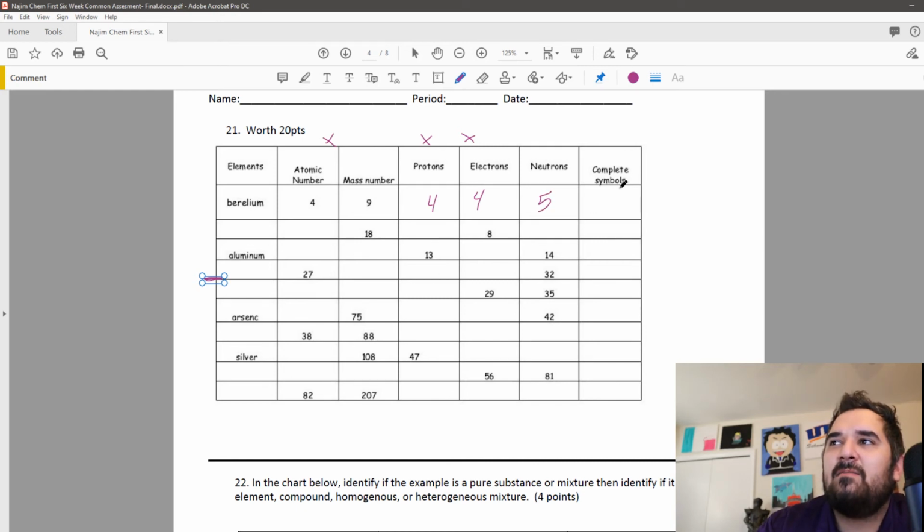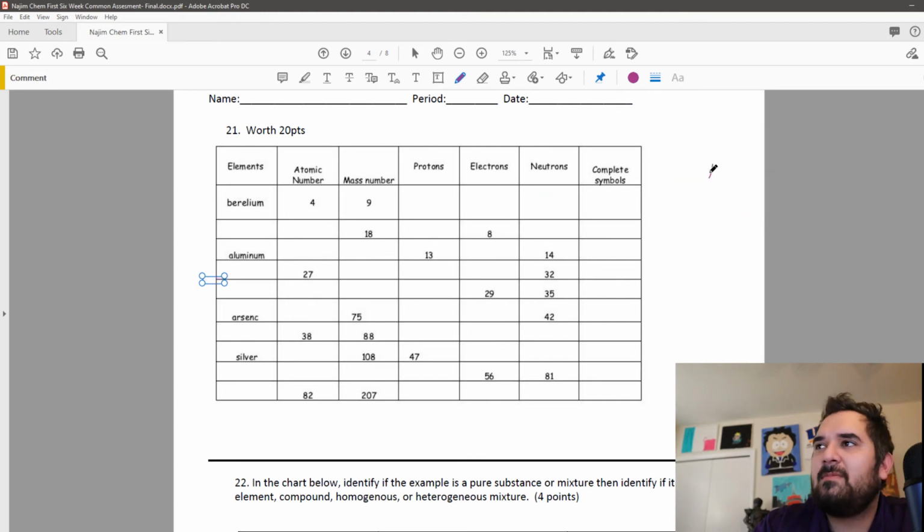And it says complete symbols. So basically here it wants you to know how to do the nuclear notation. And I'm going to go over that real quick. I don't think I went over it very well when we talked about this before, just because of, you know, our setting. But there are multiple ways to write an element. The way that you're familiar with is the periodic table way, which gives you the symbol.